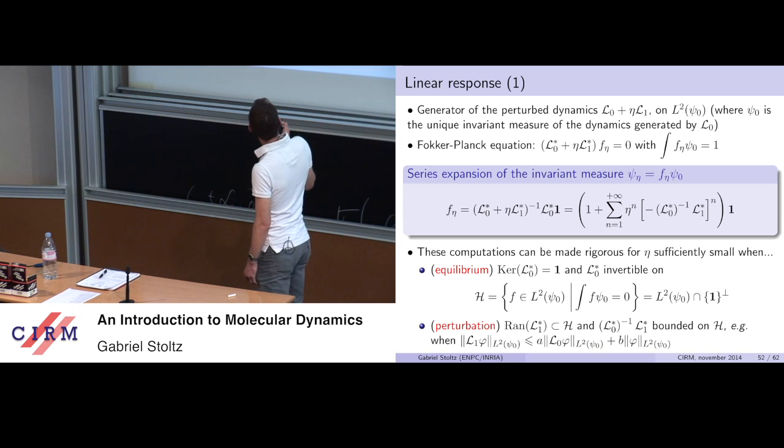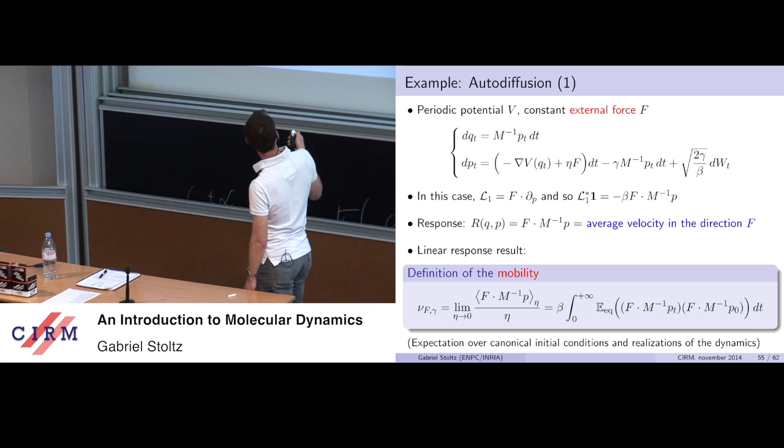So that's what we are going to do now. Typically the generator of the perturbed dynamics can be written as an unperturbed generator plus some perturbation. Maybe I'll show you immediately an example. For this Langevin dynamics, the generator of the perturbation would be f scalar derivative with respect to p.